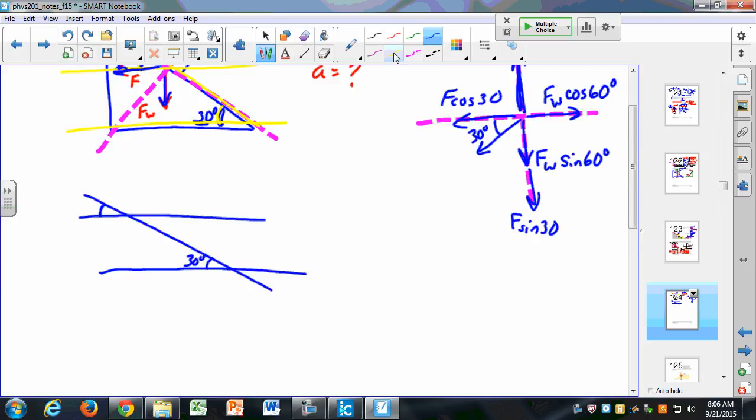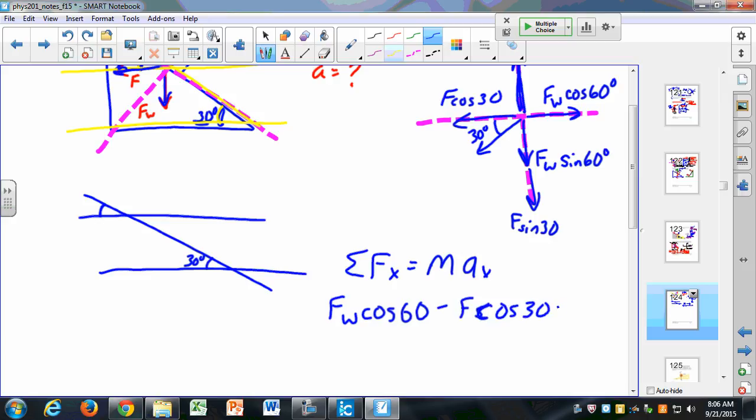It turns out here that I don't need the y-axis, so I'm not even going to write that down. But if I want to know the sum of the forces in the x direction, that's going to equal my max. It turns out that ax is the only acceleration I have, so it's going to be Fw cosine 60 minus F cosine 30. That's equal to the mass times the acceleration in the x direction. See, I can put some values in here.